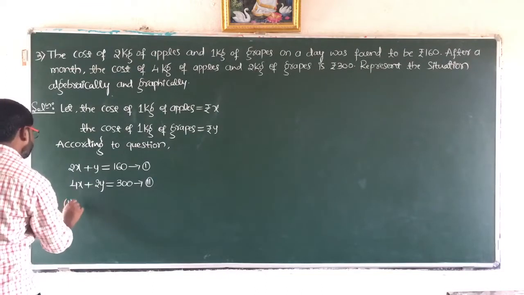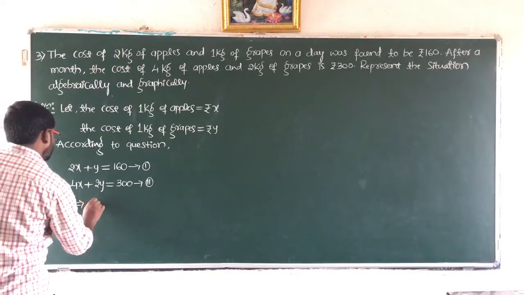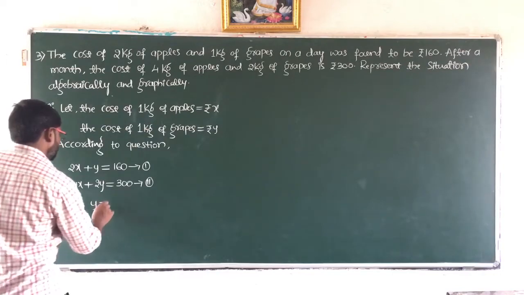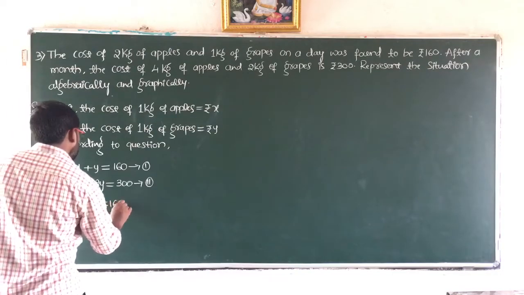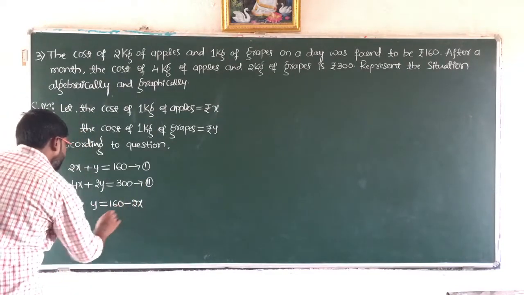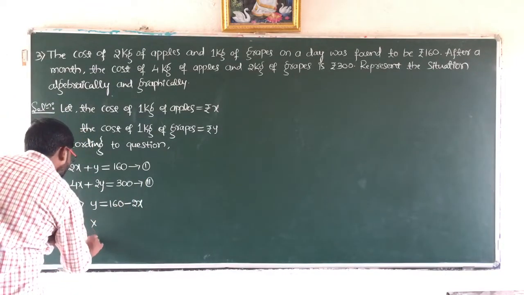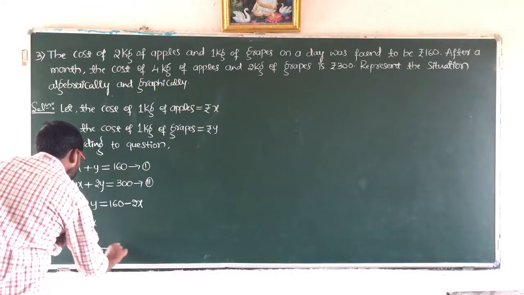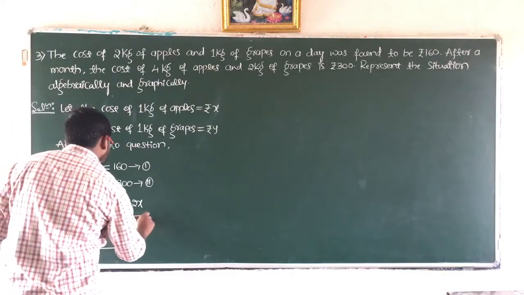From equation 1, y is equal to 160 minus 2x. Now we have to write the table for this, x and then y. So let's go for the table here.